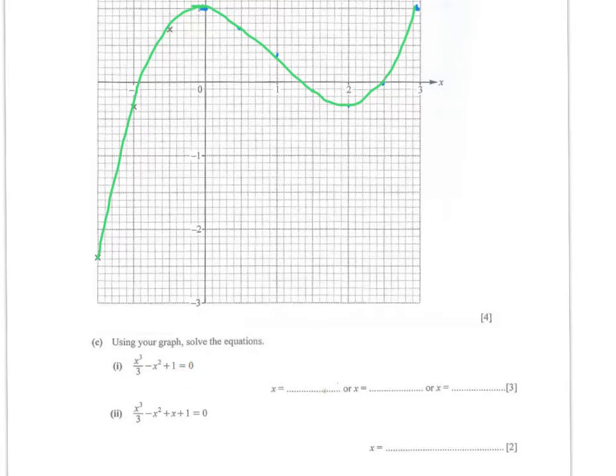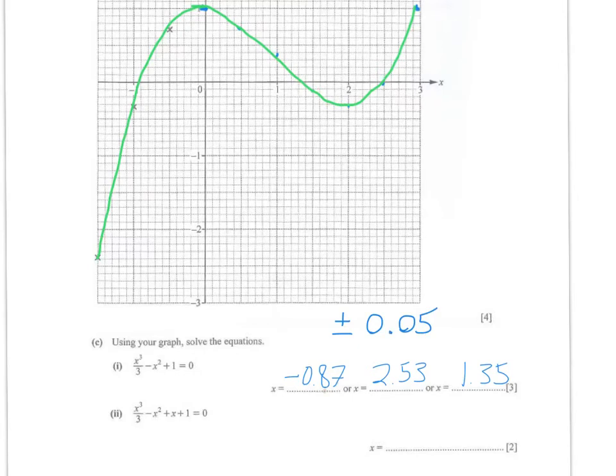So essentially we're finding the points where that meets 0, these 3 points on the axis here. And I've just copied in the answers from the mark scheme there. You could have been a little bit smaller or a little bit bigger by 0.05. That's how accurate you had to be to get these.